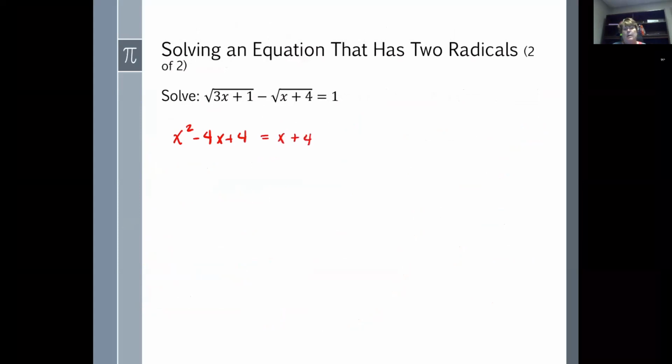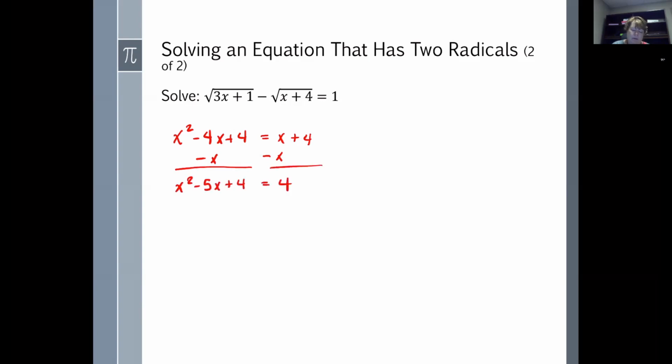There we go. Now I'm going to solve this. I'm going to subtract x from both sides. I'm going to subtract 4 from both sides. And I end up with x squared minus 5x equals 0.